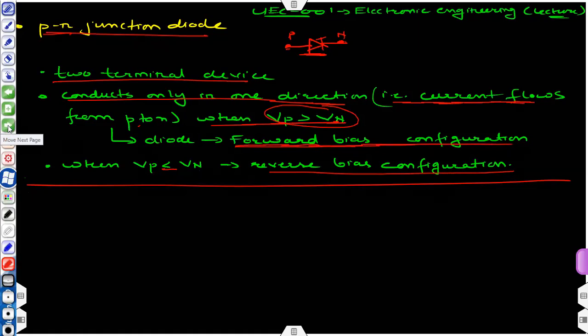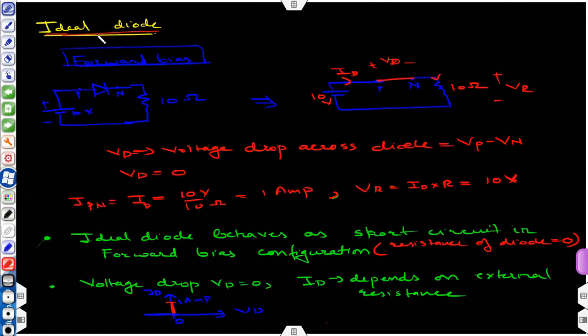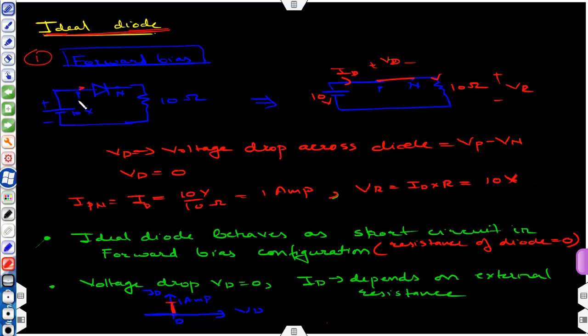So now, starting with the ideal diode. First we will consider the forward bias case. I have taken a very simple circuit with a 10-volt battery source. The positive side is connected to the P terminal.